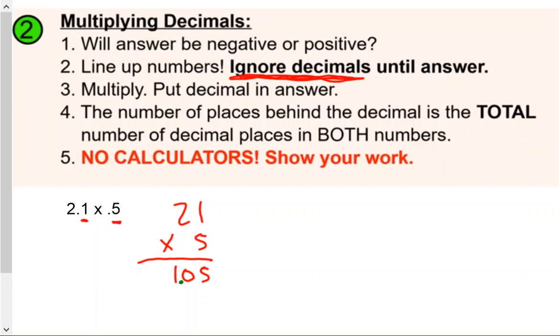So when we're multiplying decimals, we can forget about the decimal till the end and then go back and check how many numbers are to the right of the decimal in our problem and then place it in our answer. You can pause now, make sure that you have these rules written down in your math notebook. And of course, the last one, we're not using calculators, we're using our strong and smart brains to do these problems.